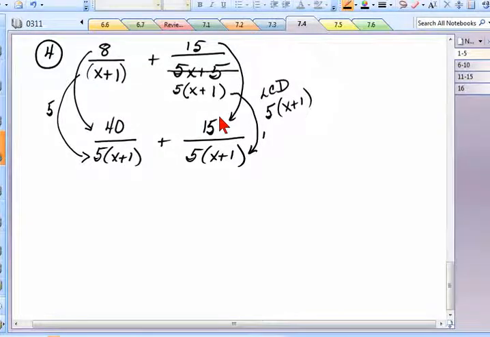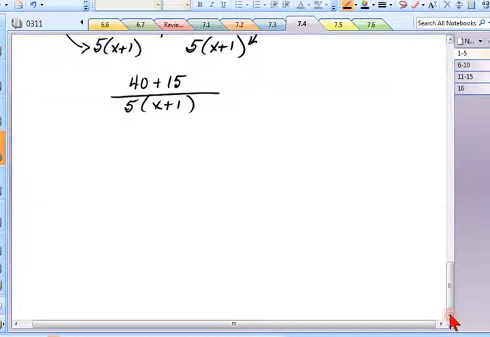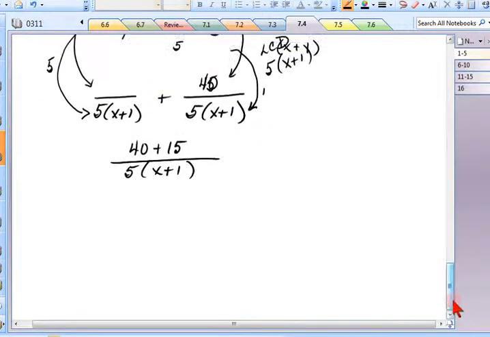The step that most people don't want to mess with, I'm going to take 40 plus 15 over 5 times x plus 1. That gives me 55 over 5 times x plus 1.